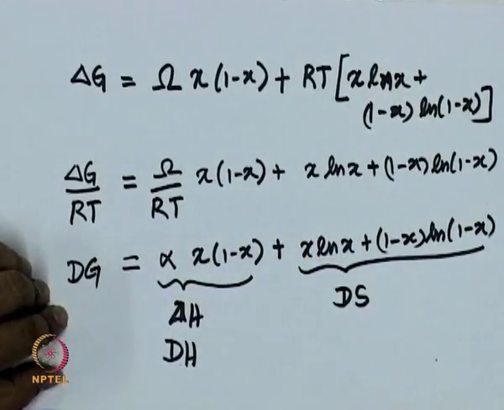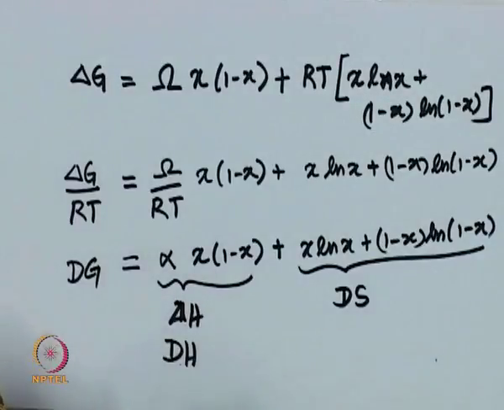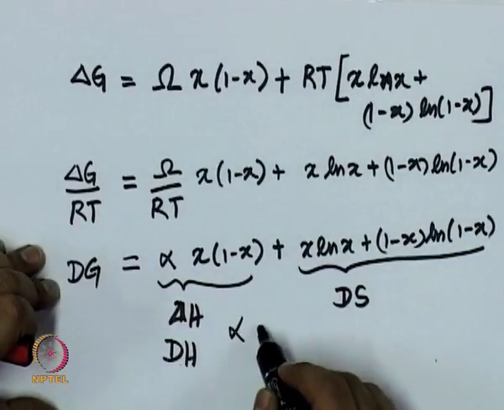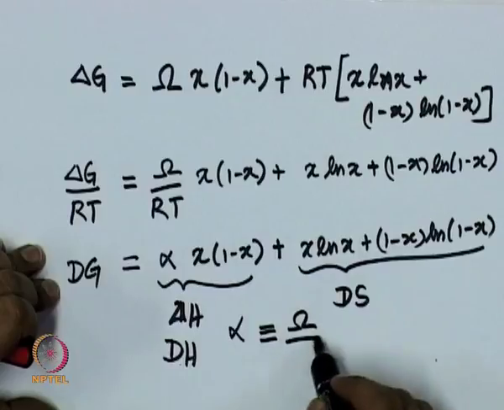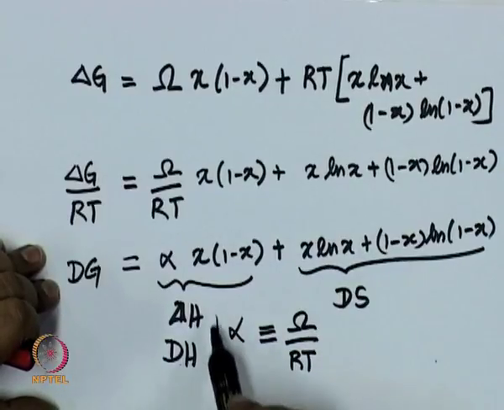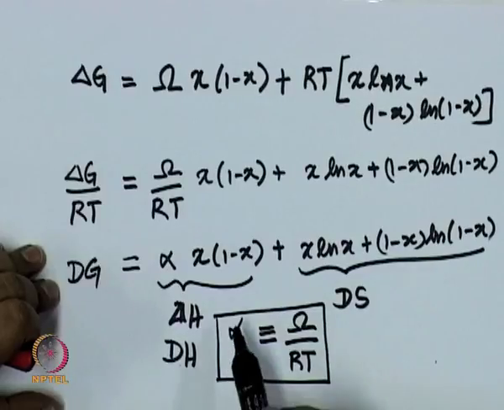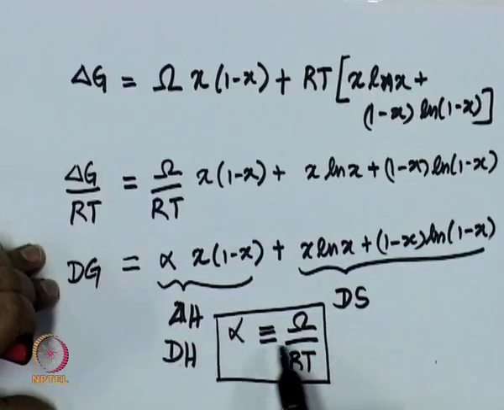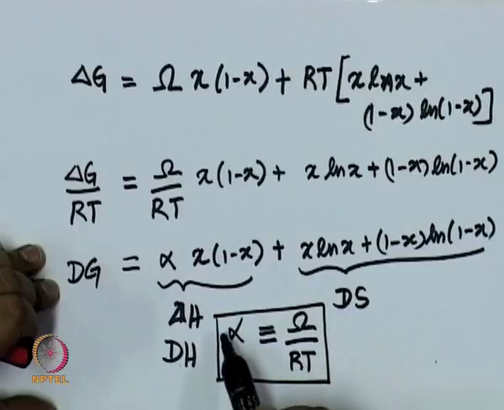And remember, alpha, because it is defined as omega by RT, is inversely proportional to temperature, which means what? Smaller values of alpha refer to higher temperature, higher values of alpha mean lower temperature.